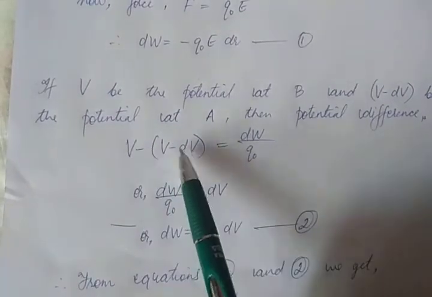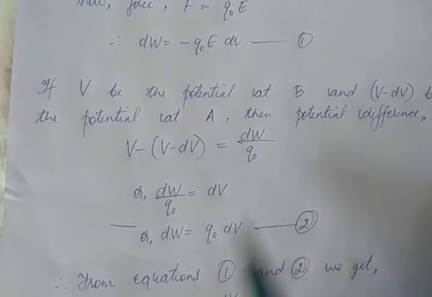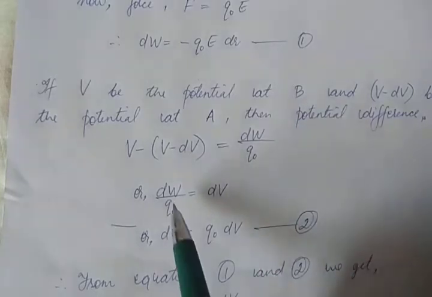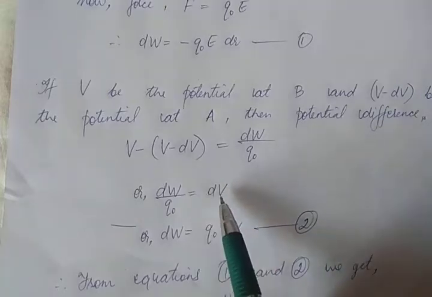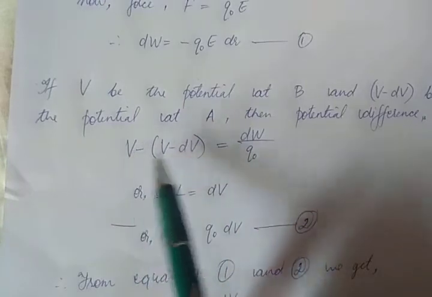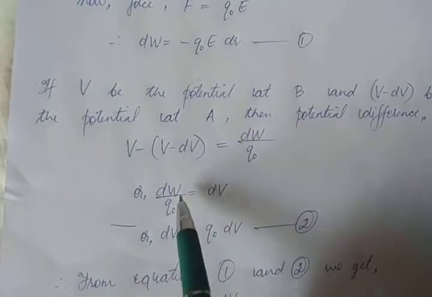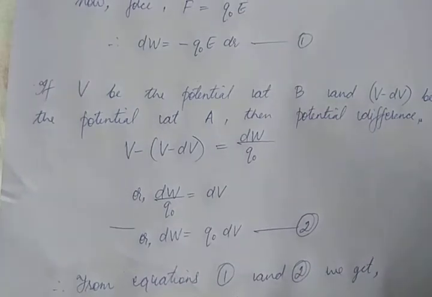That is the work done to move a unit charge from point A to B in this case. So dW by Q naught is equal to dV. Once you do the mathematics, the V cancels out. So dW by Q naught is equal to dV, or dW after cross multiplication is Q naught into dV, and this is our equation number 2.